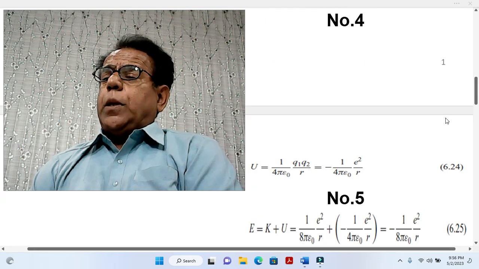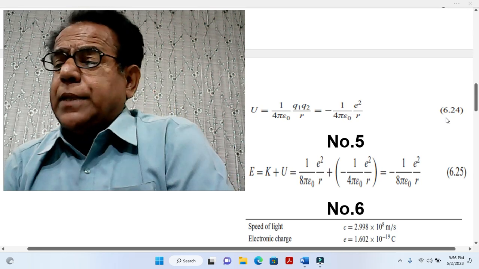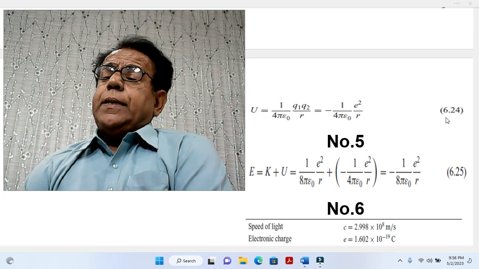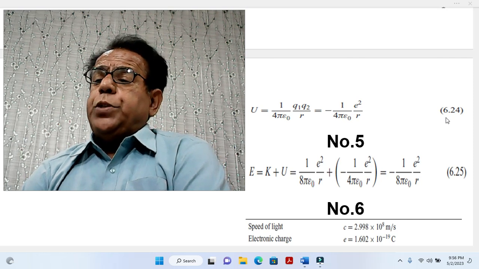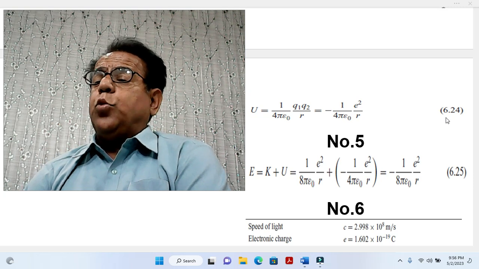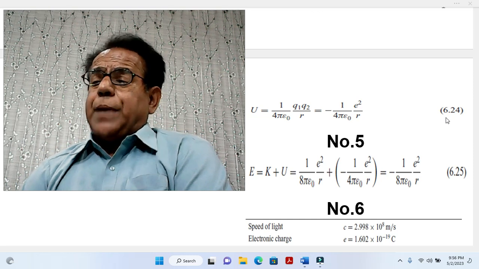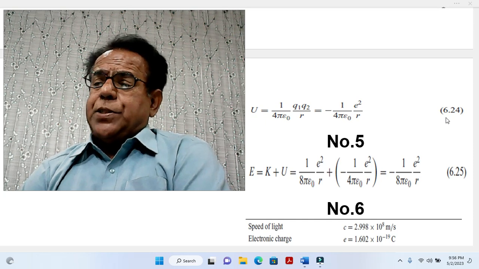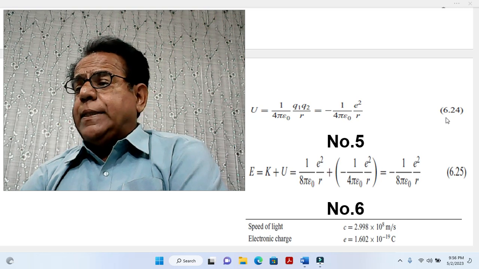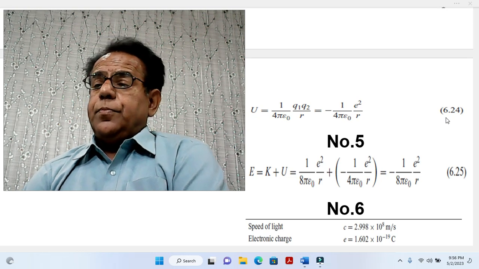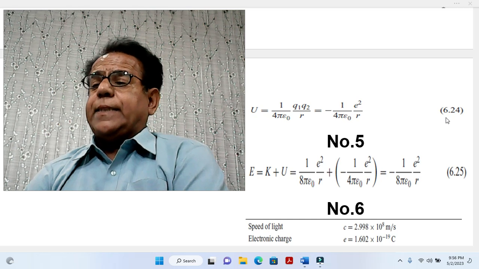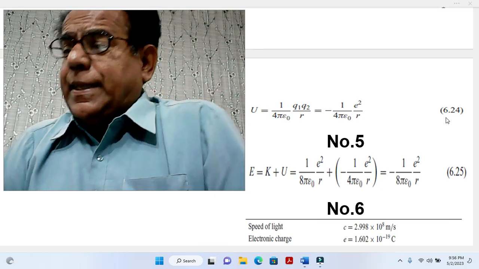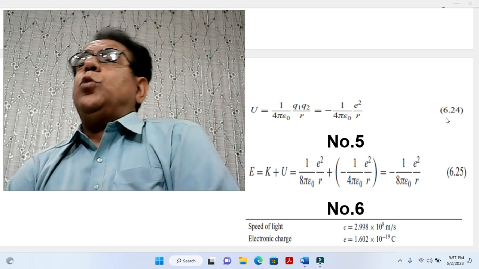Now we come to tool number 4. Tool number 4 deals with potential energy, and the expression for potential energy says that potential energy denoted by U is equal to 1 over 4 pi epsilon naught, which is the Coulomb constant or electrostatic constant, sometimes denoted by small k, into Q1 Q2 over R. This alternatively becomes equal to minus 1 over 4 pi epsilon naught E square over R. Here it indicates that Q1 and Q2 are both elementary charges, but the charge on them is opposite.